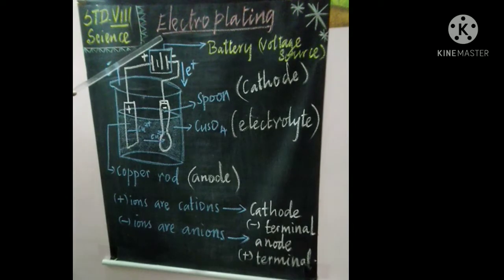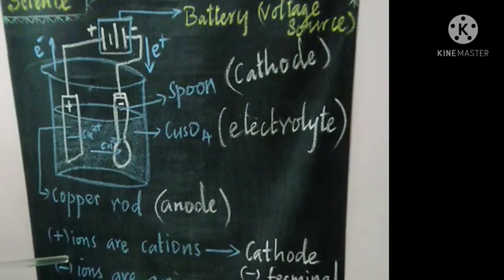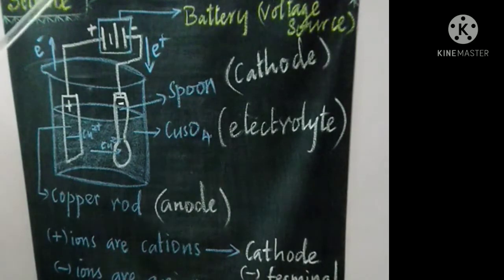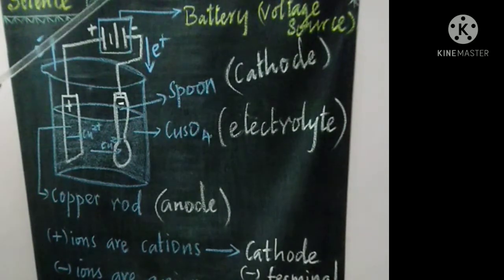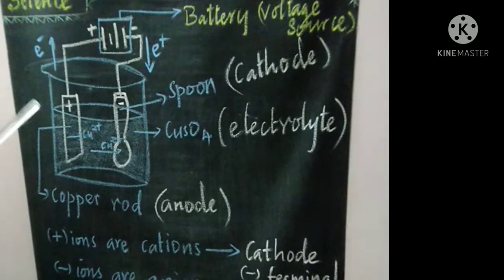Okay, one of the applications of electrolysis is electroplating. Before we move on to the process of electroplating, you must know what electroplating is. Electroplating is a process of coating one metal over another metal.